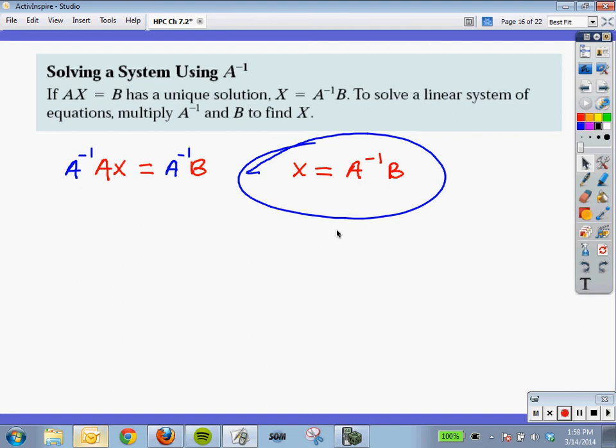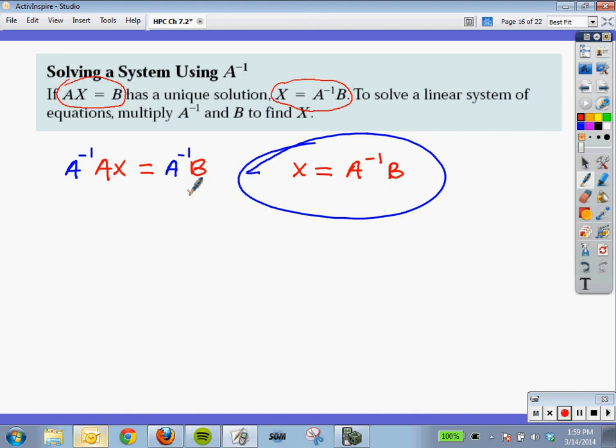I think this idea is going to make a lot more sense when we actually go through the example, but to show you how they go from this statement to this statement, I've broken it down right here.